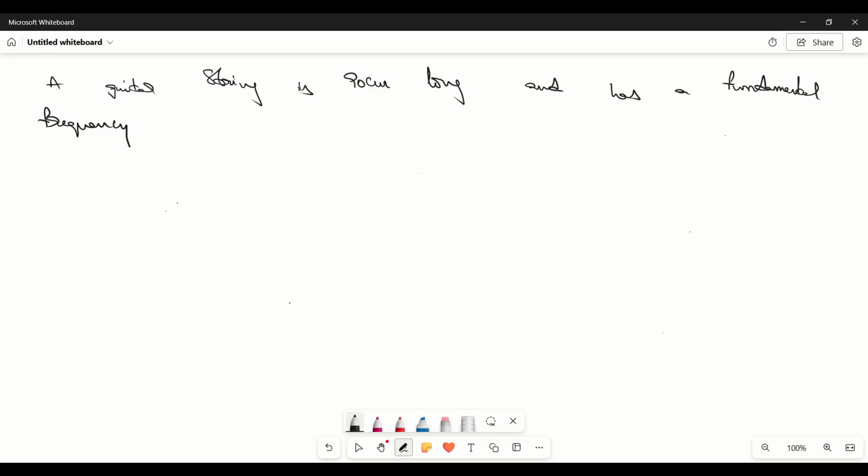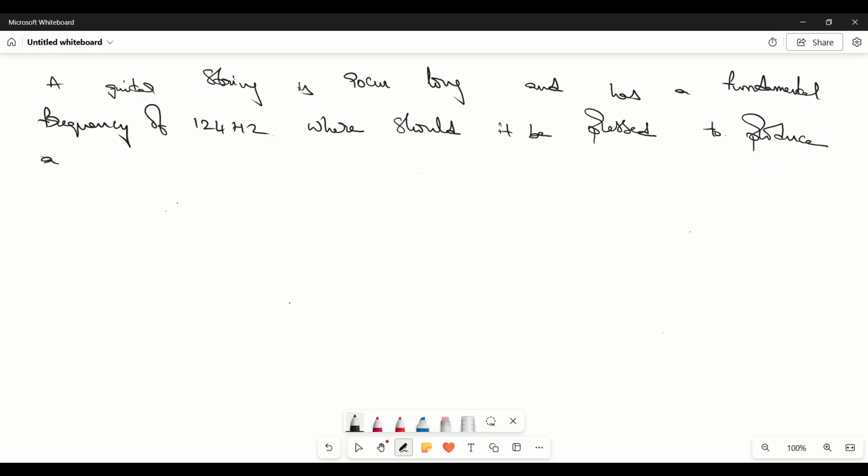Where should it be pressed to produce a fundamental frequency of 186 hertz? So already we had seen that, based on the length, we have to represent the frequency.